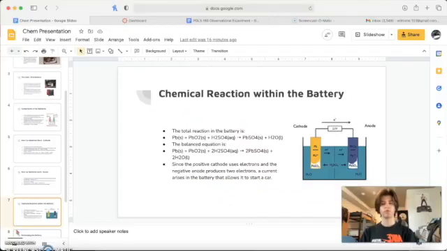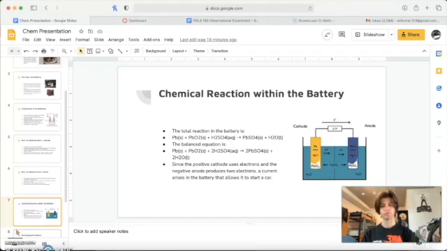Now for the total chemical reaction within the battery. So we start with the lead from the cathode and the lead O2 from the anode and the sulfuric acid which is flowing in the battery. And then from that we get lead sulfate plus water. And to balance this equation, because there are two leads, we'd need 2 lead sulfates, and because now there are 2 sulfates, we would need 2 sulfuric acid, and then we'd be left off with 2 water.